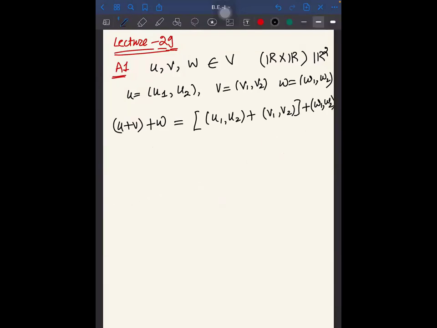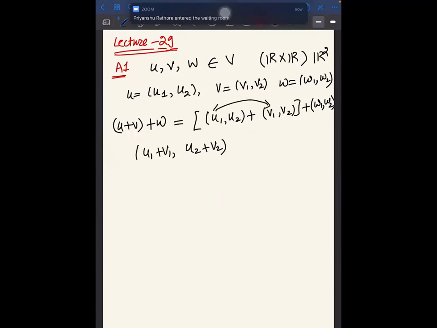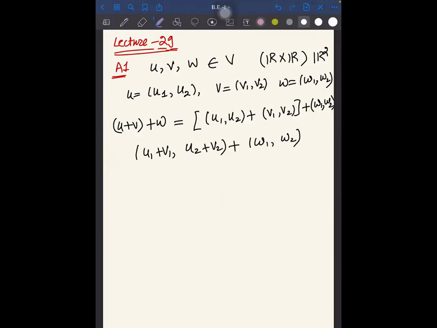It should be (u1 + v1, u2 + v2). The first component is added to the first, and the second to the second. Plus (w1, w2). Again, the first components are added, and thereafter the second components get added.